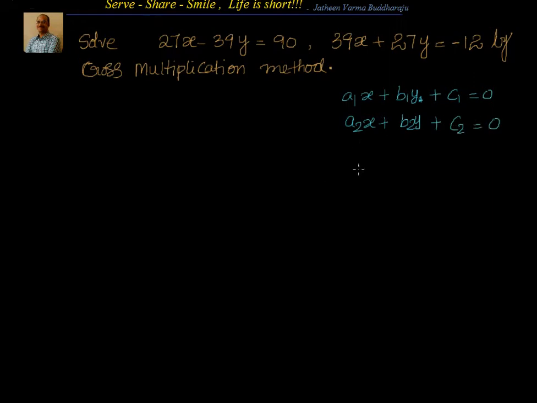Then by the elimination method we can find that x by b1 c2 minus b2 c1 equals y by c1 a2 minus c2 a1, which is equal to 1 by a1 b2 minus a2 b1.